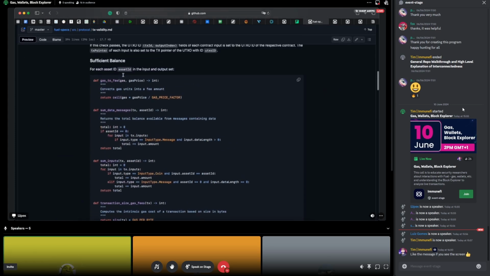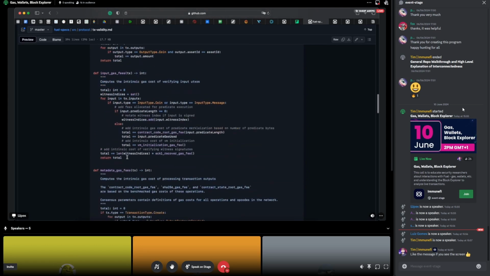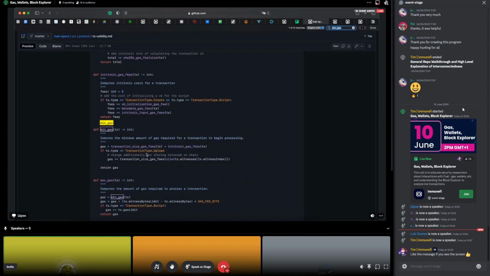So if we go back to the specification, here you can see we have a min gas definition and a max gas definition. So min gas, it's like below the description.